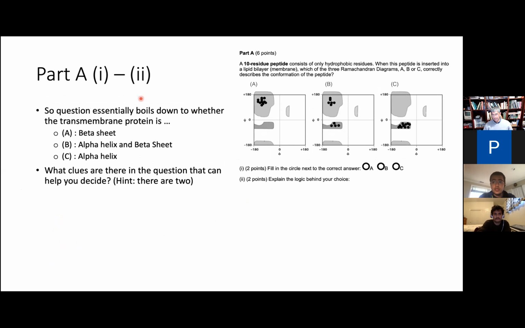To answer this question, the question provides you with 2 hints. Feel free to unmute or just type in the chat. What do you think these 2 hints are in the question? They'll help you decide between these 3 different structures.